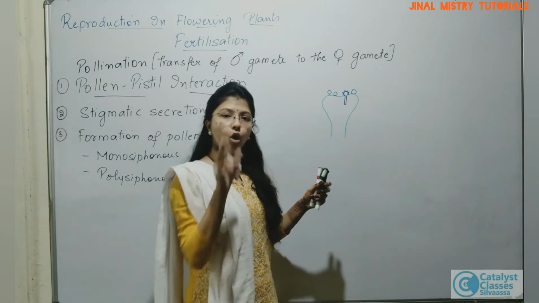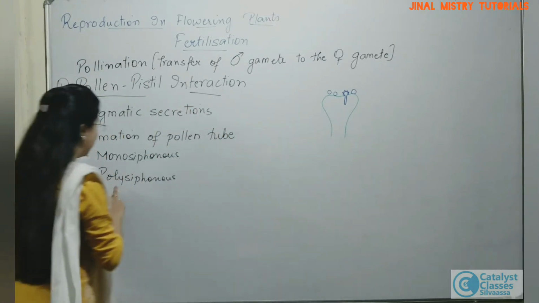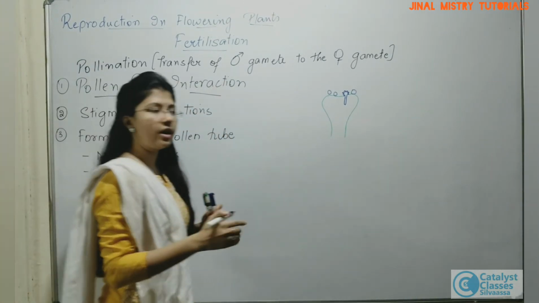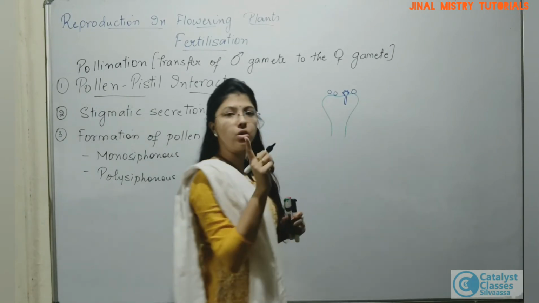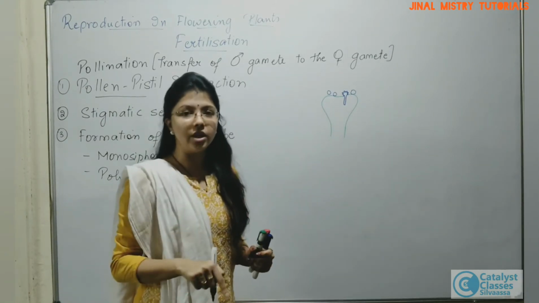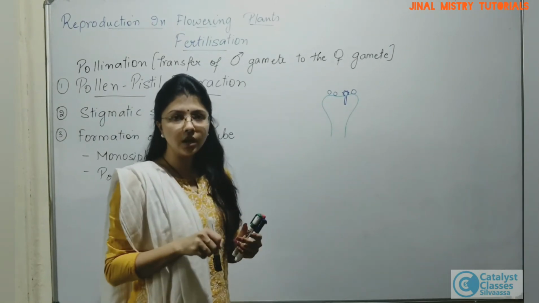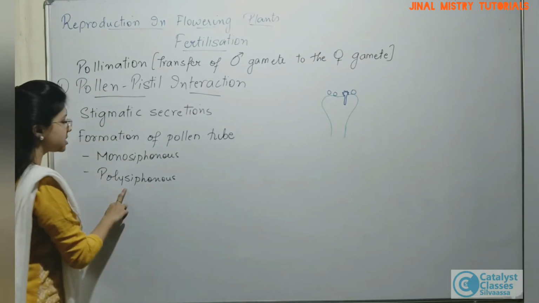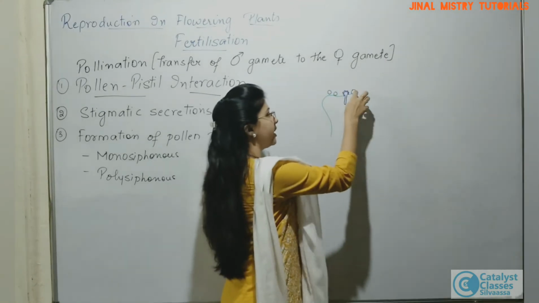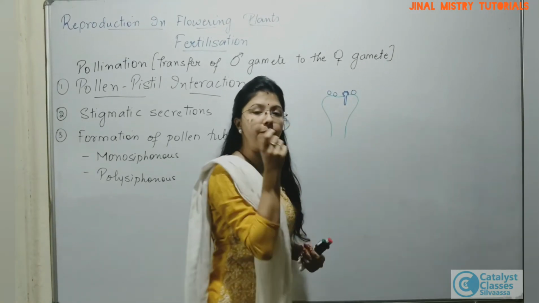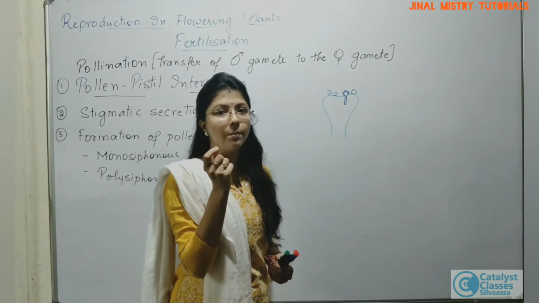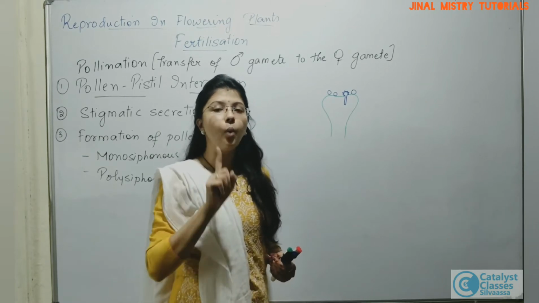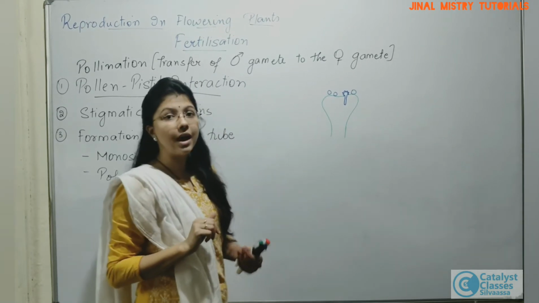Poly means many. When I say polysiphonous condition, all the pollen grains which have landed will germinate to form pollen tubes. But out of all those, only one pollen tube is going to reach the egg cell for the process of fertilization.